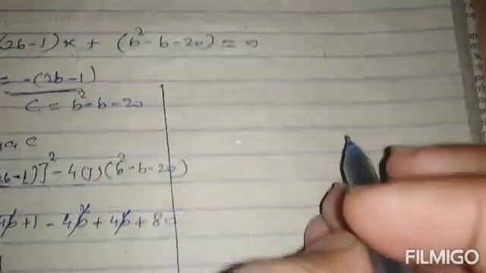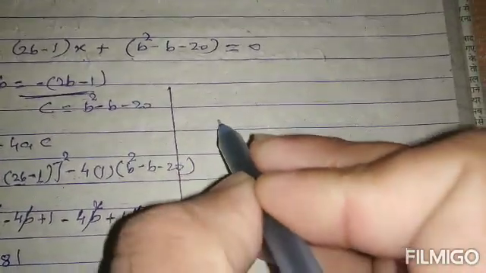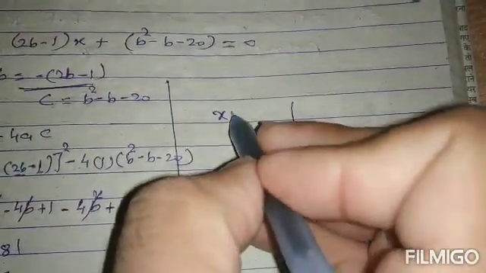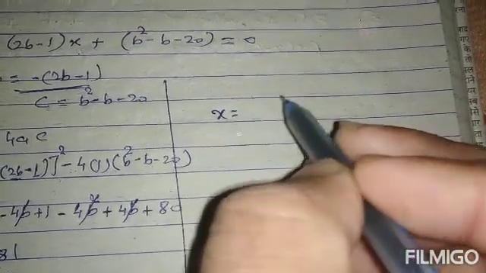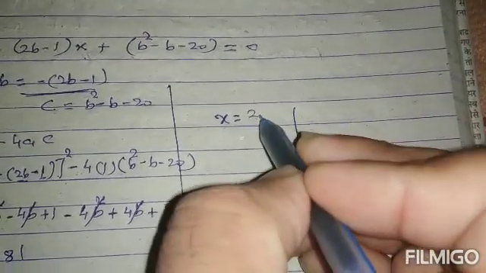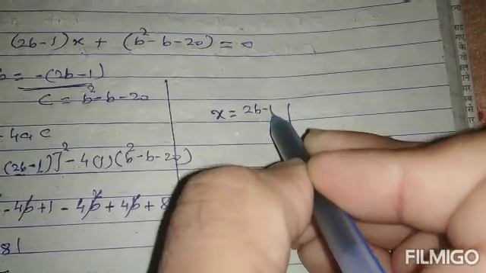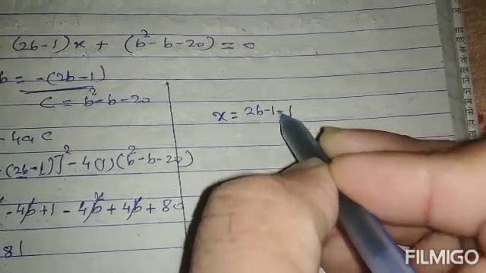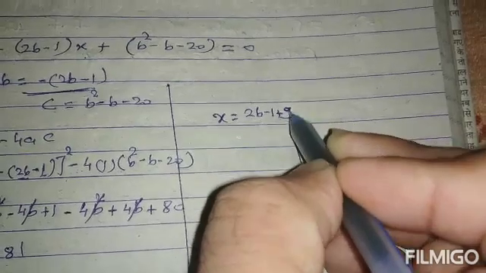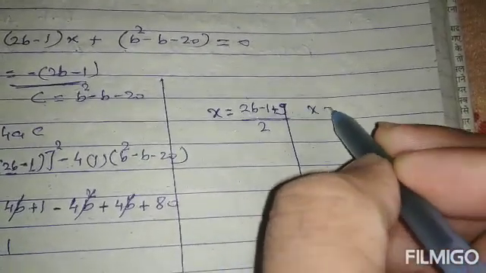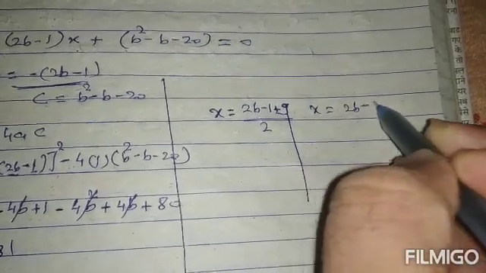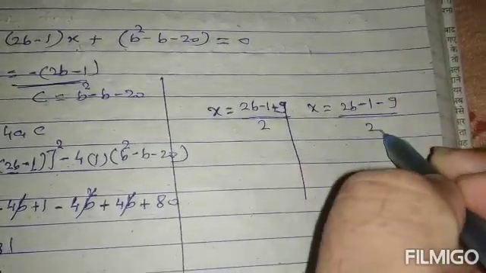Therefore this can be further written as x equals 2b minus 1 plus 9 upon 2, and x equals 2b minus 1 minus 9 upon 2.